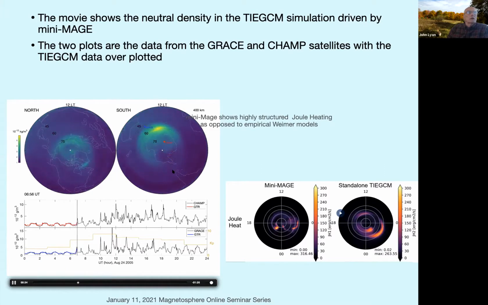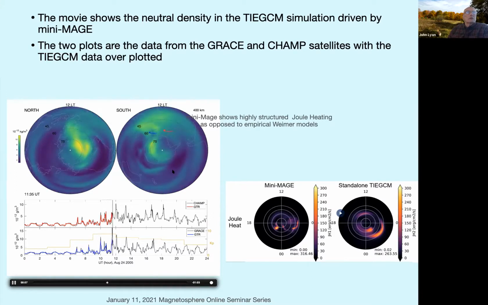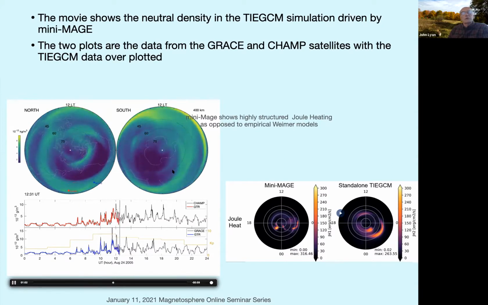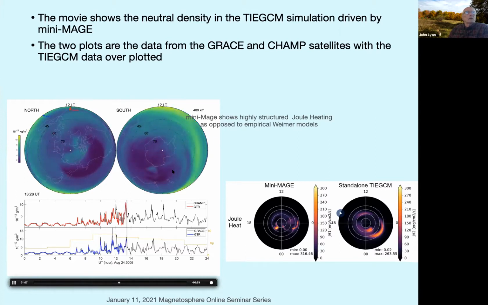You can see that the overall comparison is now very much better, and it's clear that these waves are being produced on the mesoscale in the ionosphere, and when there's a big peak, the satellites are passing through something that has just been either developed or has been propagating down to lower latitude.